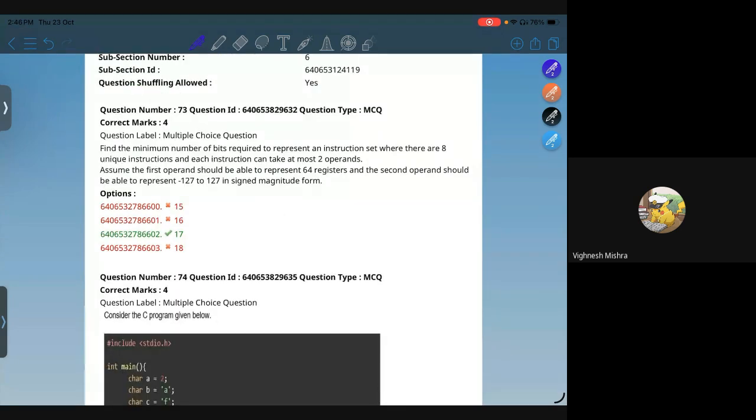Find the minimum number of bits required to represent an instruction set with 8 unique instructions. So log base 2 of 8 is 3. Then it should have two operands in each instruction. So log base 2 of 64 is 6. And the second is log base 2 of 127.